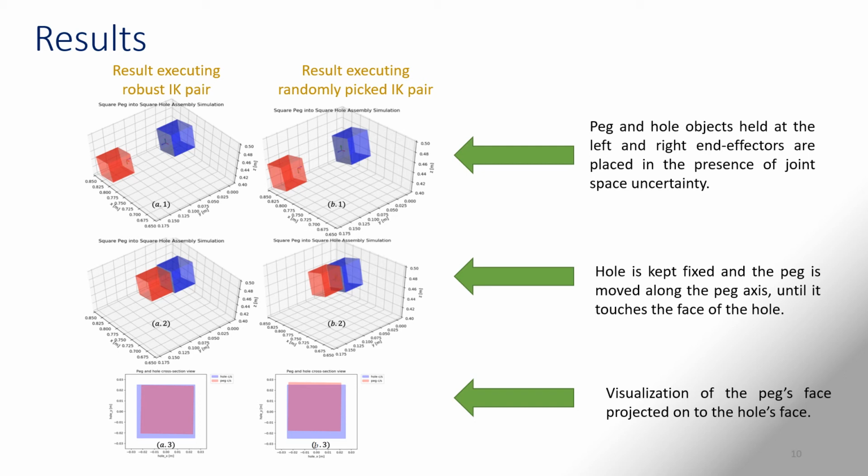The bottom left figure shows that after the peg's approach toward the hole is completed, the entire peg's cross-section lies inside the hole cross-section, and hence the task is successful. However, the same task done with a randomly picked IK pair was unsuccessful, since the peg's cross-section overlapped with the hole's cross-section, as can be seen in the bottom right figure.